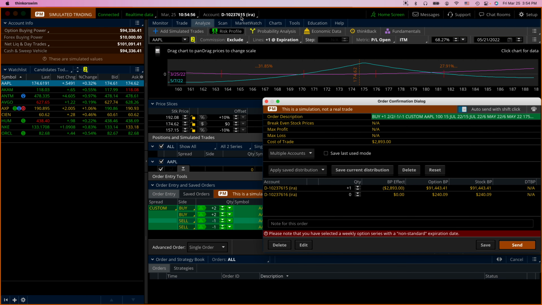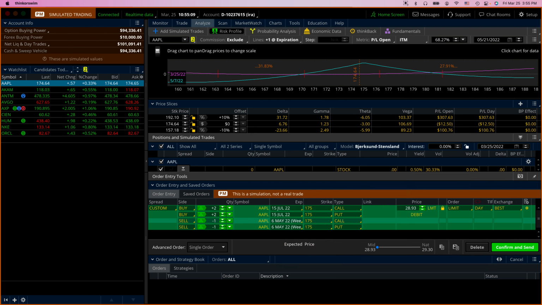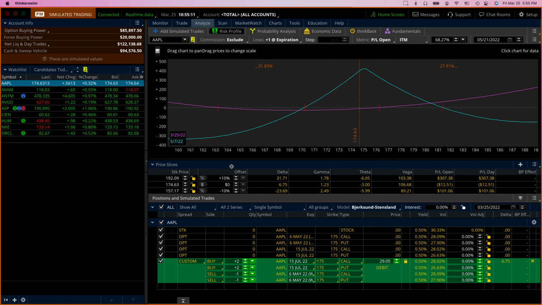The account number is 15, so here it is. And the cost is $28.93, so I can do 3 of those comfortably. One more will be too much money, so let's enter 3. Let's send that off. And that's our first trade in a while.